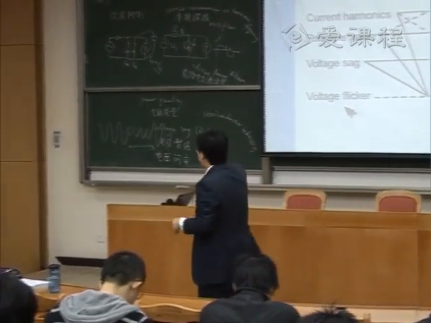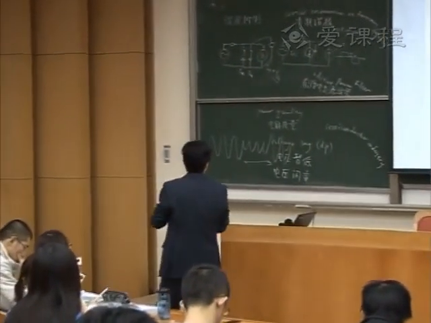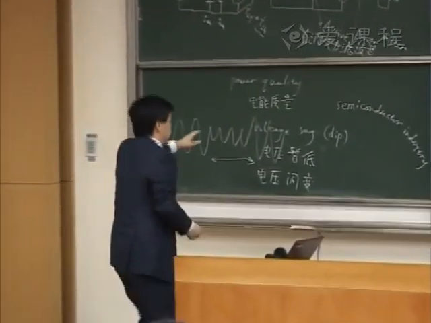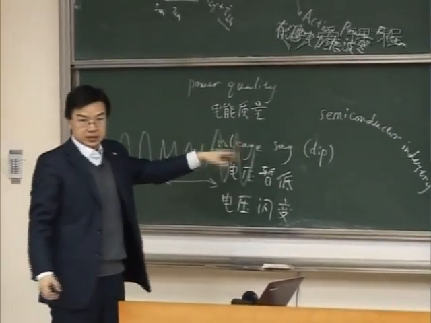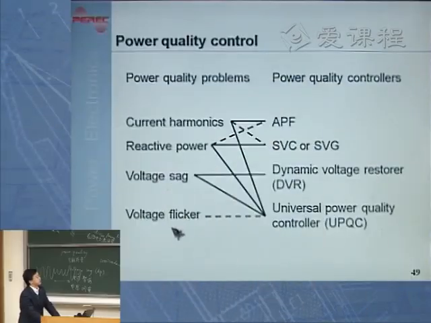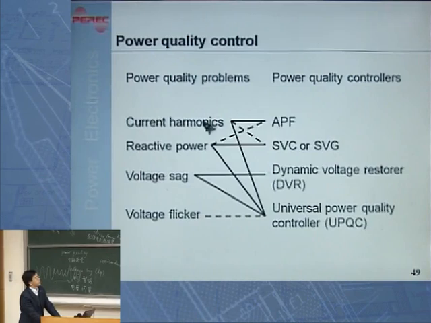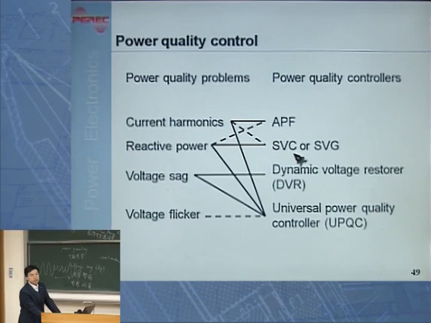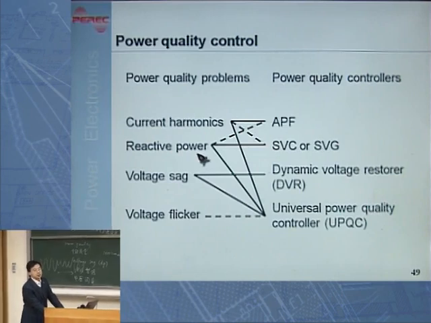So these are all the power quality problems we have to deal with, and all these things can be dealt with through a certain power converter. Okay? If you use a power converter to deal with harmonics, then that's called an active power filter, and we can use, as we already mentioned, a static VAR compensator or static VAR generator to deal with reactive power. Okay.